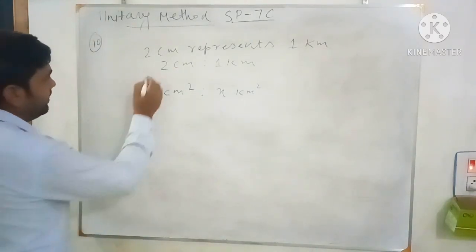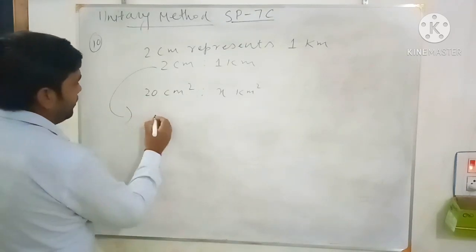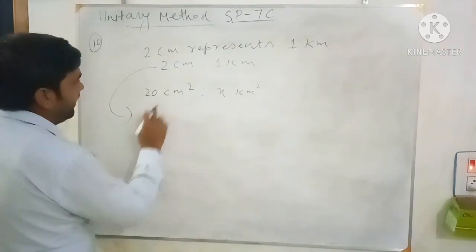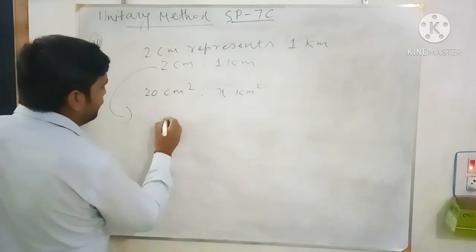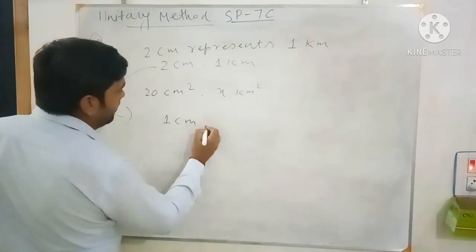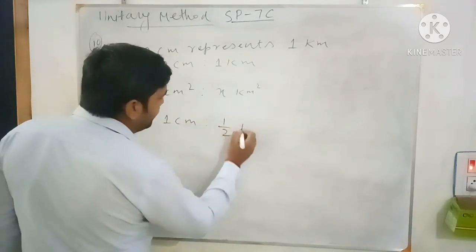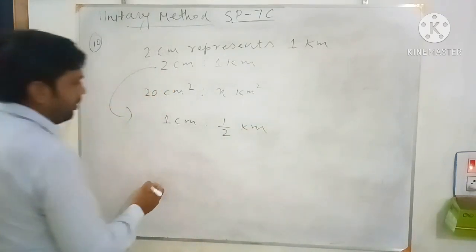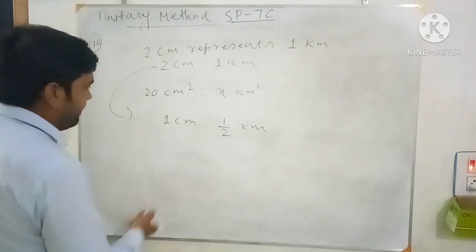So divide by 2 in the ratio. So 1 centimeter will represent 1 by 2 kilometer. Now in both parts of the ratio we do the squaring.